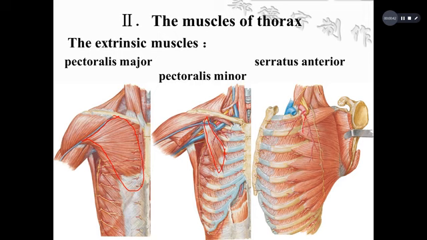The serratus has nine digitations, and terminates at the medial border of the scapula, pulling the medial border to touch the trunk. The pectoralis minor originates from the 3rd, 4th, and 5th ribs and terminates at the coracoid process.